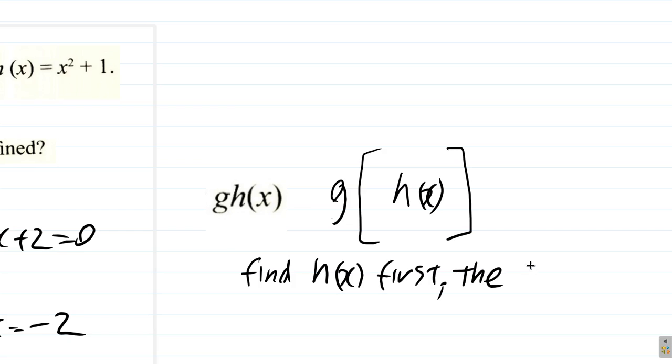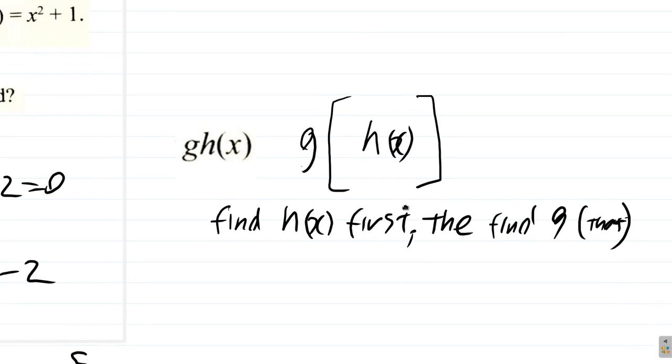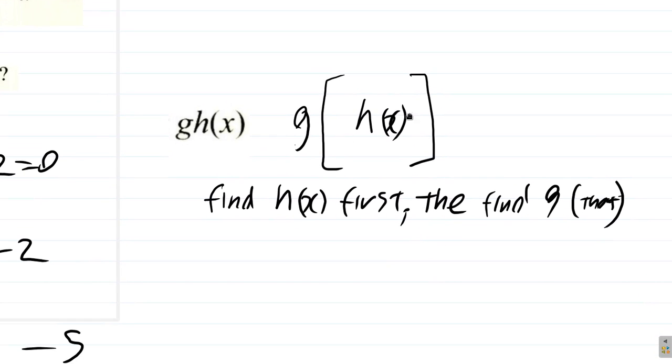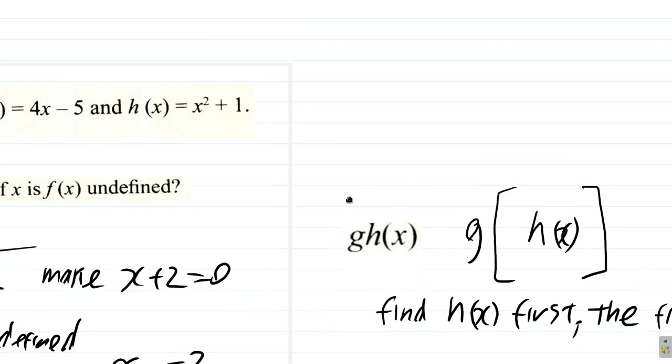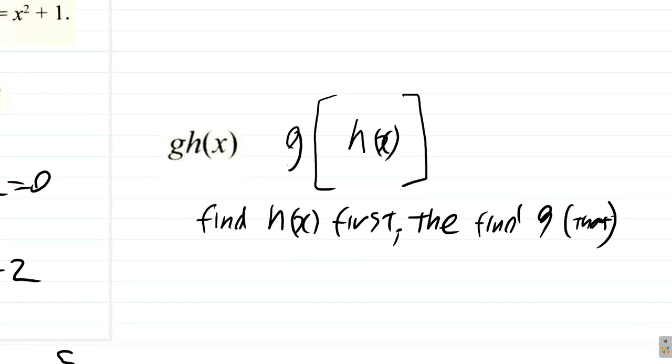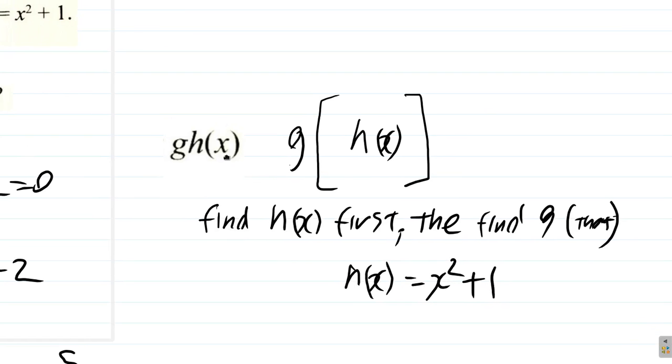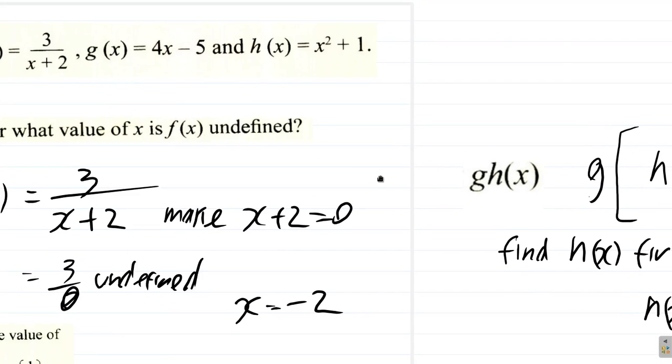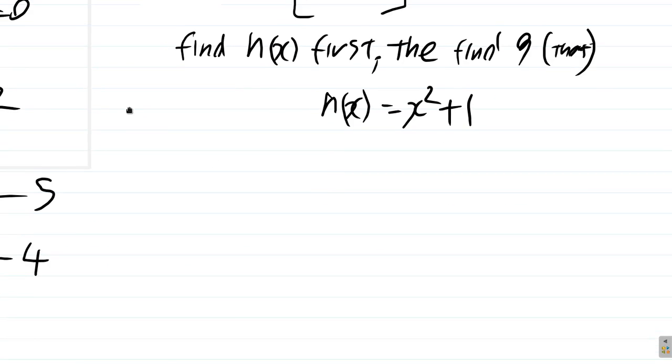Then find g of that, whatever it is. Alright? So you're going to find g of h of x. Now h of x is x squared plus 1. Okay. Now g of x is 4x minus 5.